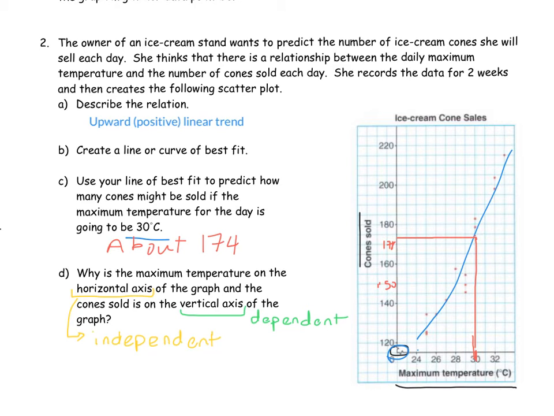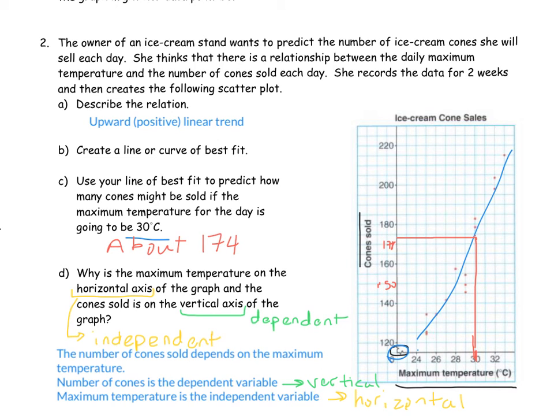So in this case, it makes more sense to say that the number of cones sold is dependent on the maximum temperature that day, making the number of cones sold the dependent variable and the maximum temperature being independent. That makes more sense than saying the temperature depends on the number of cones sold. That doesn't make sense at all. So that's why we graph them on the axis that we graph them on.